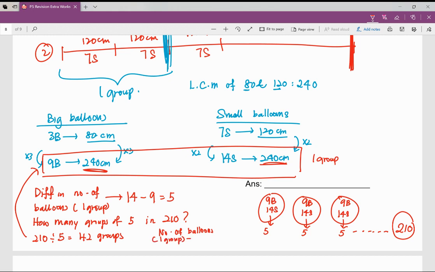That is 9 big plus 14 small, which is 23 balloons in one group. Since I know that there are 42 groups, it will be 42 times 23, and that will be 966 balloons. Okay, that's it for the answer.